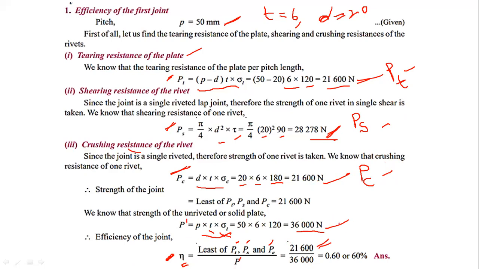So you have to substitute this value here. Finally, we got 60% joint efficiency, riveted joint efficiency. This is the answer for case 1.